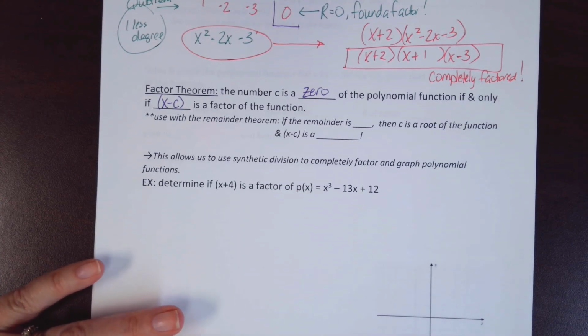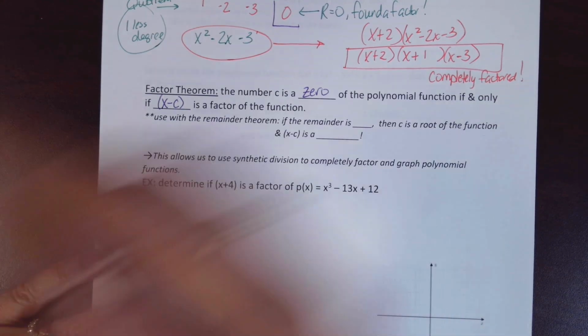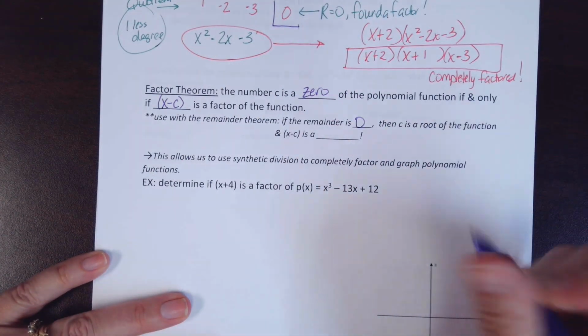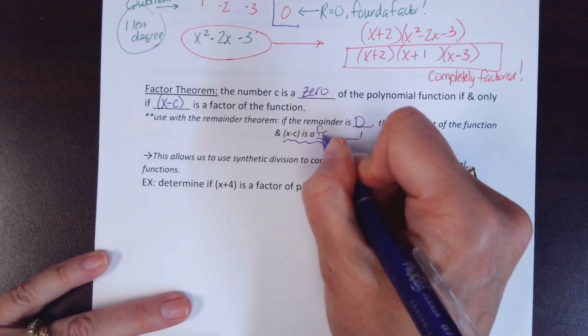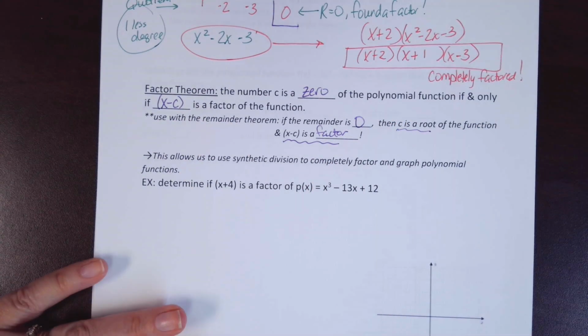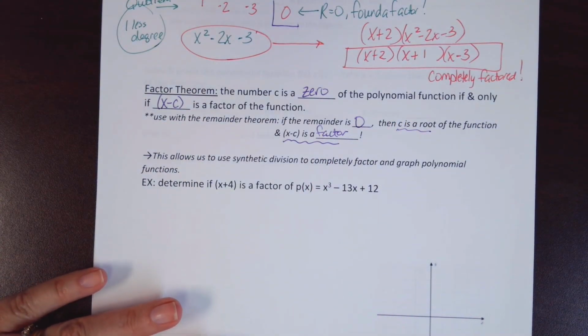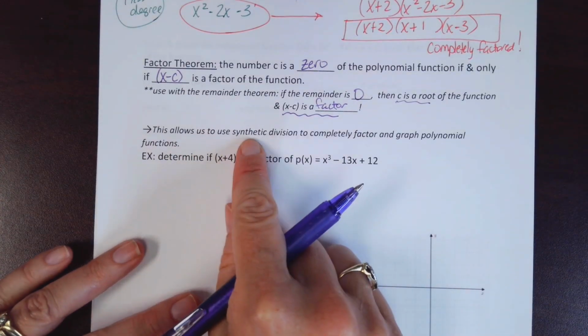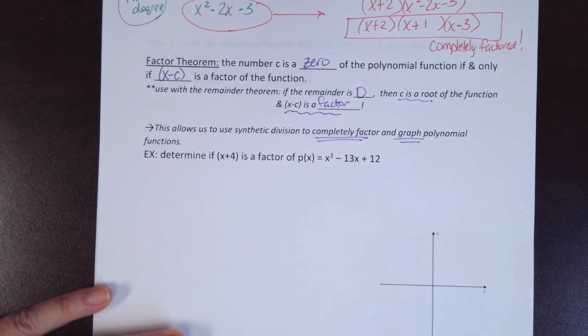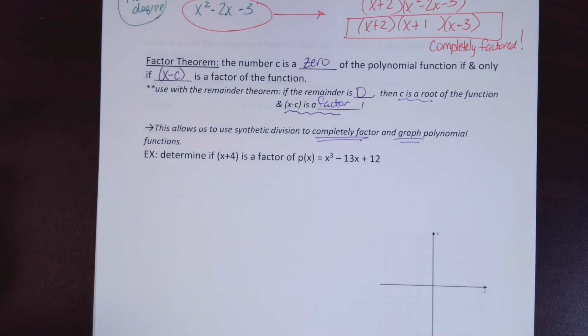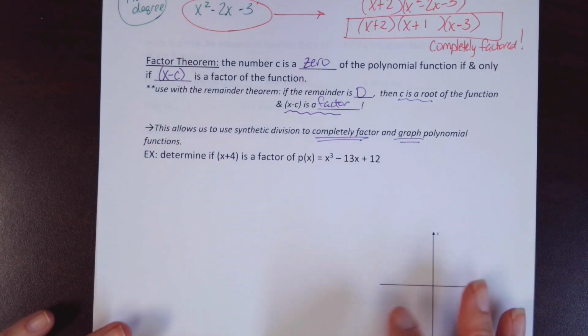We're using it with the remainder theorem like I just said. If the remainder is 0, then c is a root of the function and x minus c is a factor of my function, and I've moved forward. This allows us to use our synthetic division to completely factor and graph polynomial functions that have a greater degree than what we know how to factor otherwise.